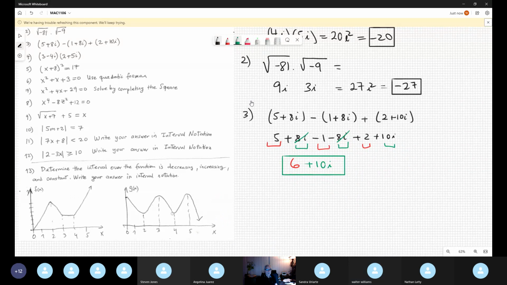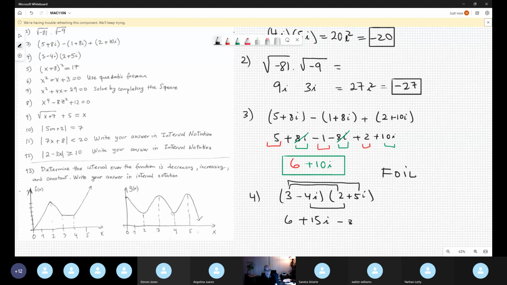Everyone follow me so far? One more, the last one. 3 minus 4i times 2 plus 5i. Oh, this is multiplication, so we apply FOIL. 3 times 2 is 6. 3 times 5i is 15i.